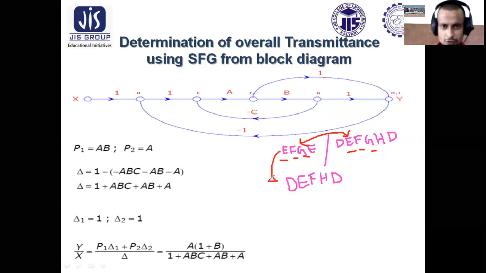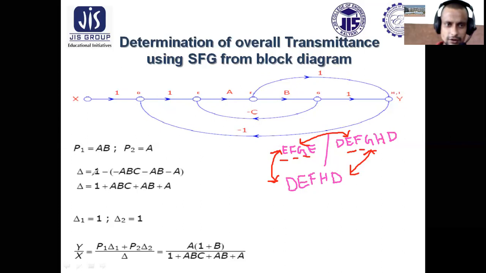Similarly, these two loops also have common nodes E, F, so these two loops are also touching loops. Now for these two loops, D, H, F, E are all common nodes. So all these three loops touch each other at some node. That is why we do not have any non-touching loop.